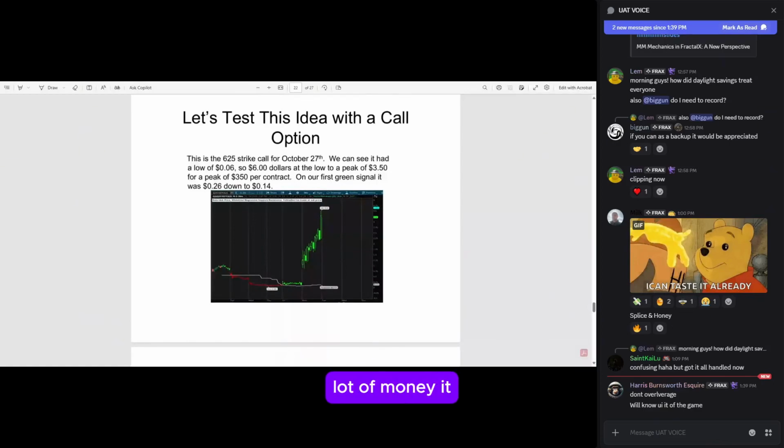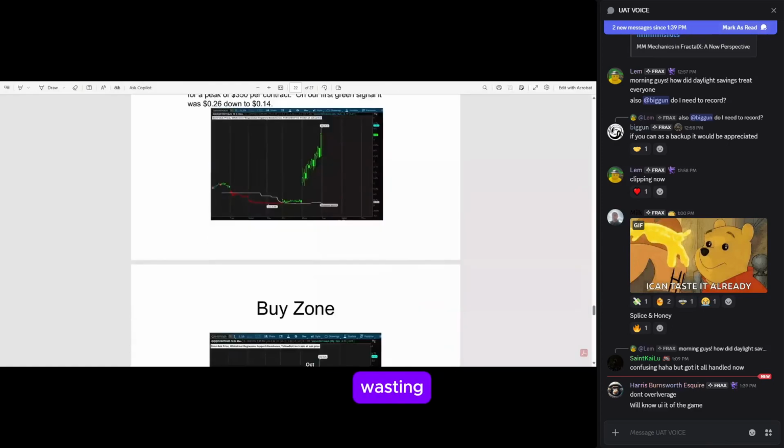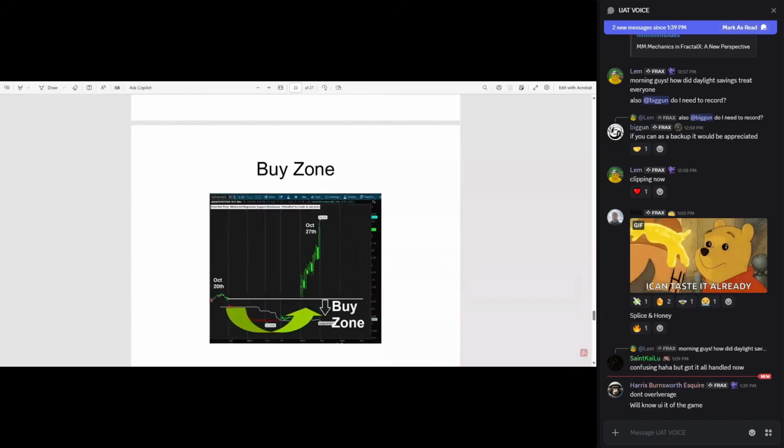And if you have a lot of money, it doesn't really matter anyways. But you can see here, for just a small amount of money on our options, you can build quite a bit of capital over time. So it's just a matter of trusting in the process and not wasting all your money on one trade.